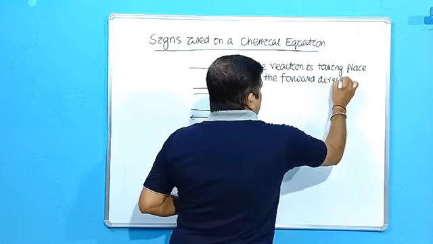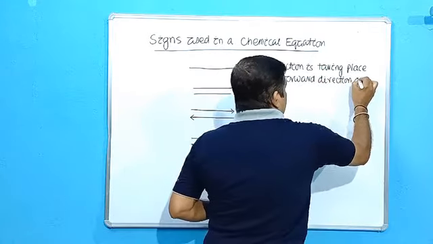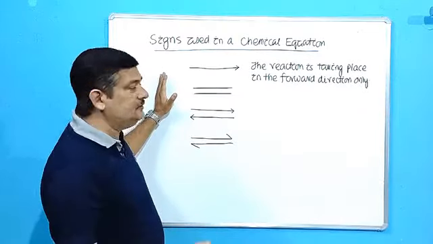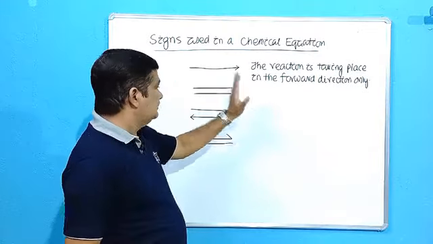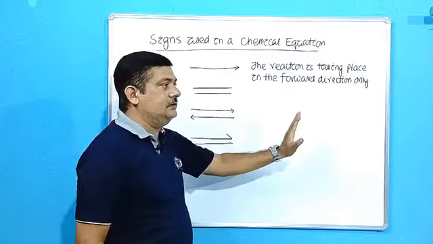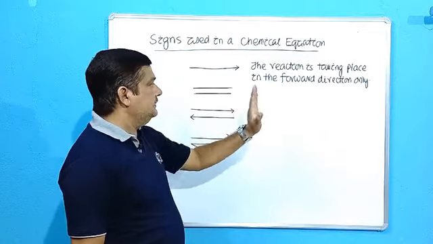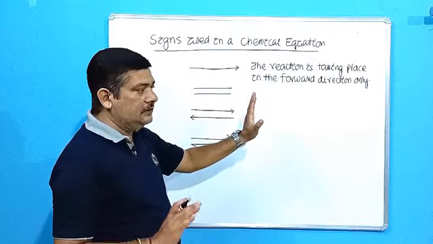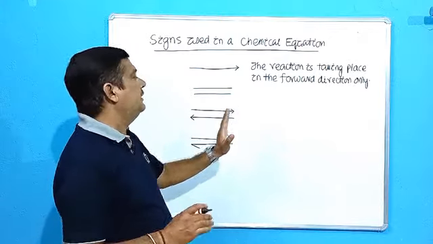That means in this case only the reactants are reacting to produce the product. So when there is an arrow with a single head on the right hand side, that means the reaction is proceeding in a single direction, the direction of the products.